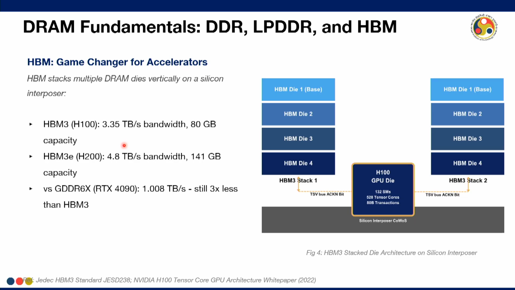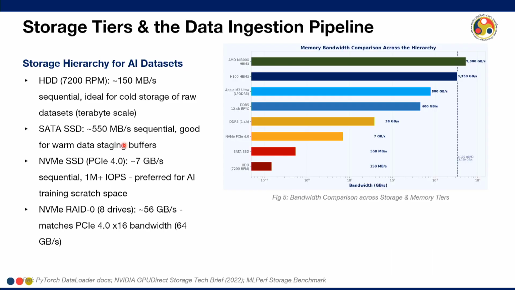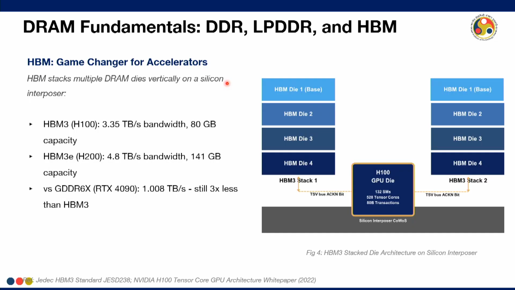What we will do with this bandwidth is result in the memory hierarchy that we will see here: where exactly your data is stored. When we talk about bandwidth, it means how much data is accessed from memory per unit time, measured in GB per second.